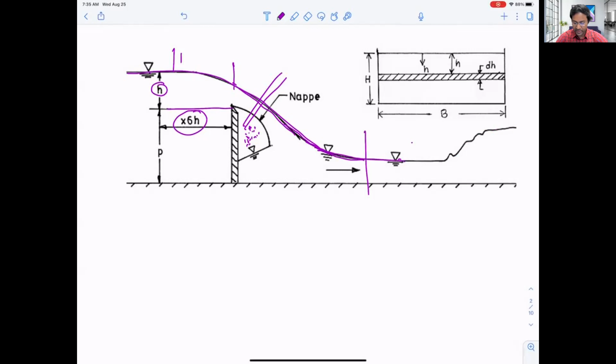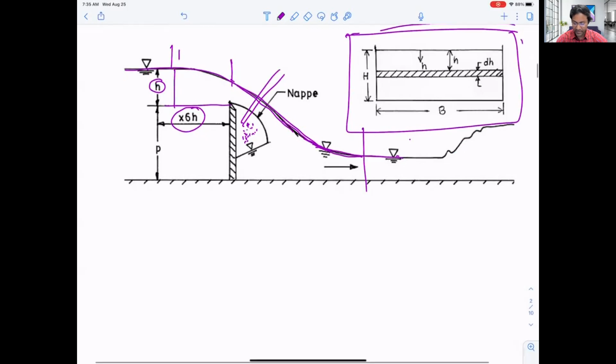And then we're taking a section here, you can see this section is that red box. What we have to do is measure the flow rate for this height of the water that is flowing over the weir.